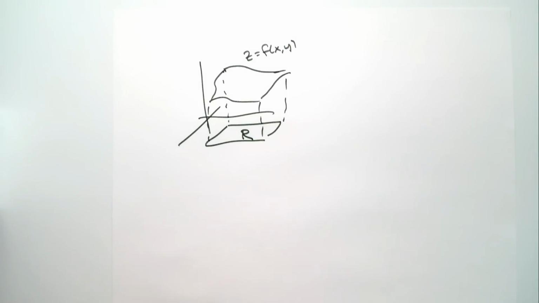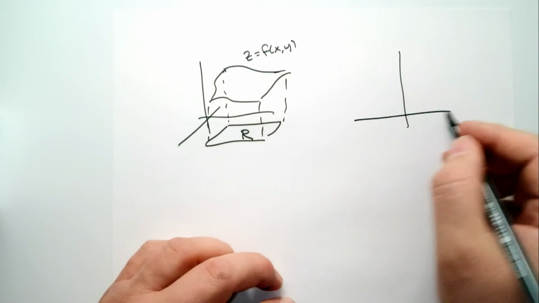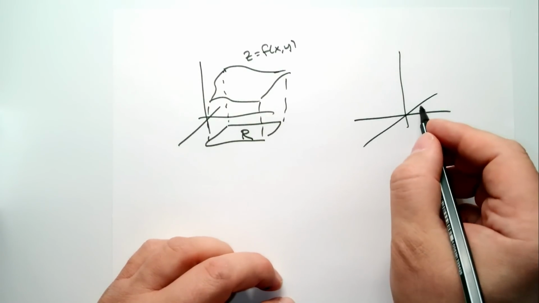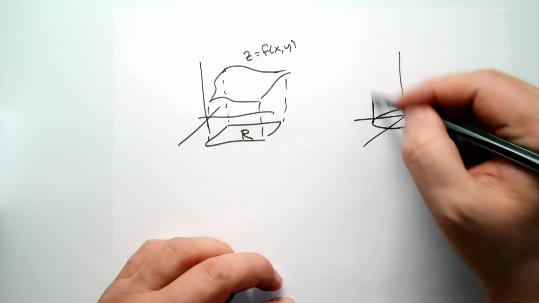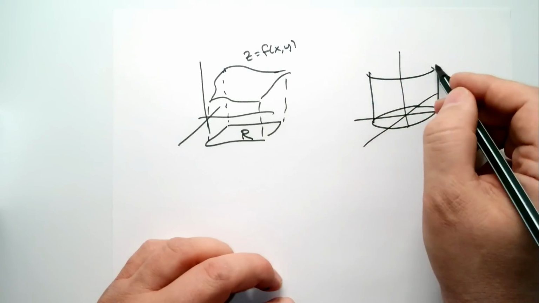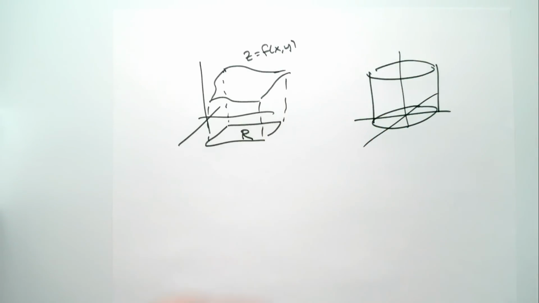As a very special case, a surface that we'll probably see from time to time, let's just take a cylinder. If I look at the cylinder here, it's a very simple surface. It's just take a circle and extend it. But you can't write this as z equals a function of x and y.